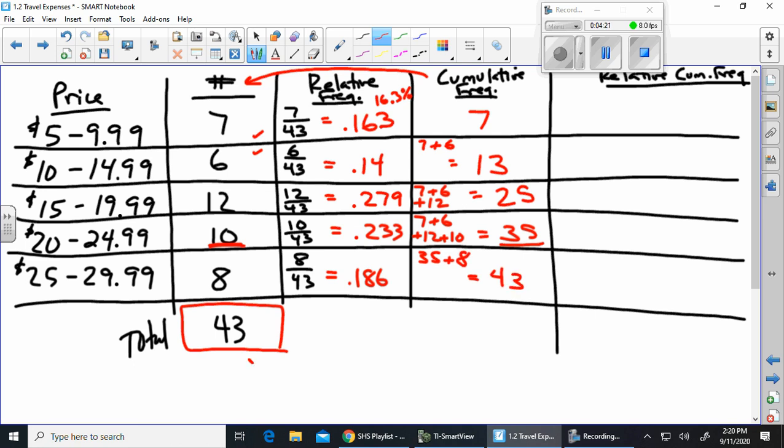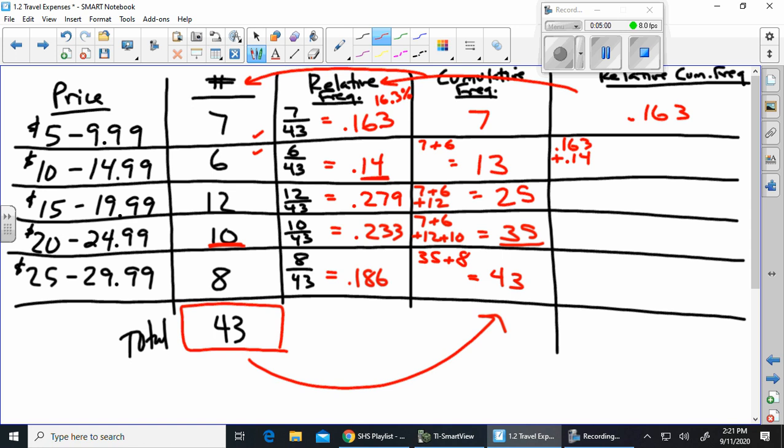And then just to give you an idea, if I took 35 and added 8, there's my total numbers. So then relative cumulative frequency, you could say 7 divided by 43, 13 divided by 43. But the easy way is to just add them up from this column. So this is 0.163. But this is 0.163 plus 0.14. So you're adding the next number in the second column.